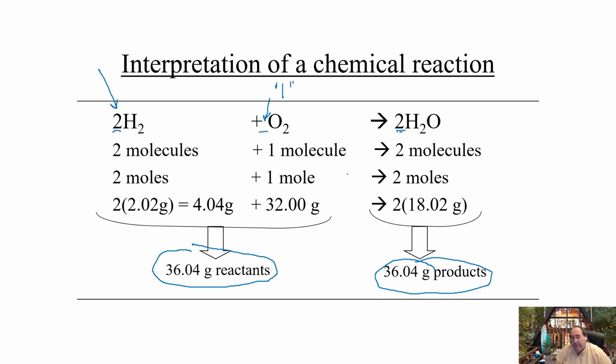So we have that conservation of mass. In this case, we have the same number of hydrogens on each side of the arrow, also the same number of oxygens on each side of the arrow. Thus we have the same mass of each of those elements on each side: hydrogen is 1 gram on the left and 1 gram on the right, and oxygen 16 grams on the left and 16 on the right.